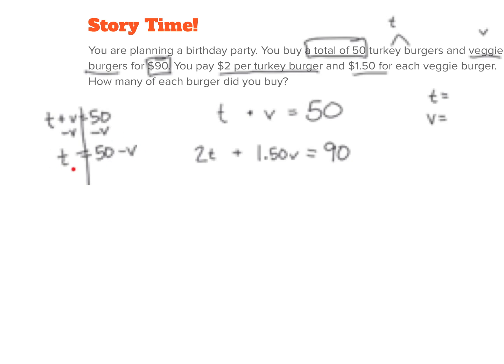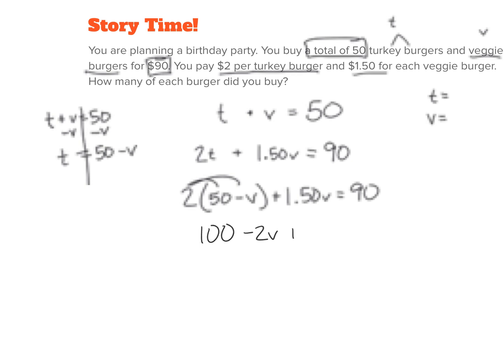Using that, I am going to substitute in for this T right here, 50 minus V. So 2 times (50 minus V) plus 1.50V is going to be equal to 90. I have to do a little bit of distributing first. 2 times 50 is 100. 2 times negative V is minus 2V.